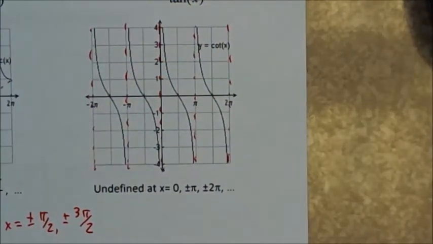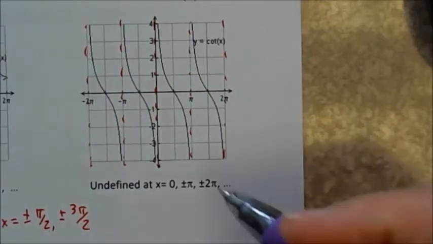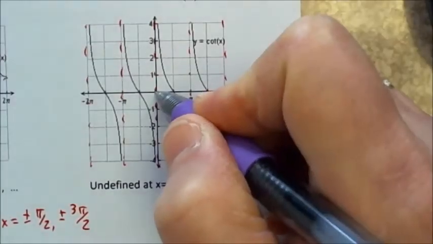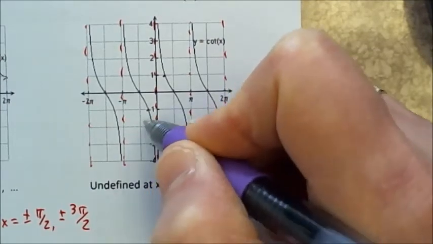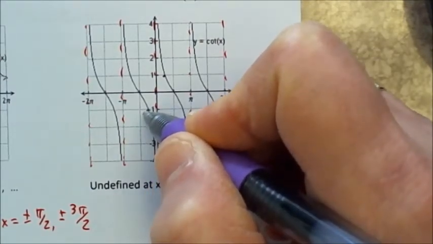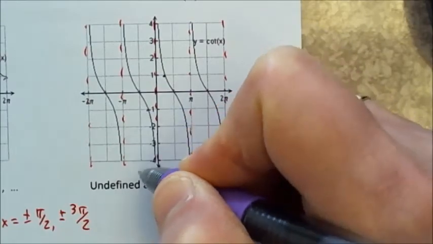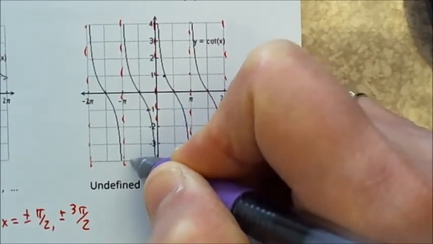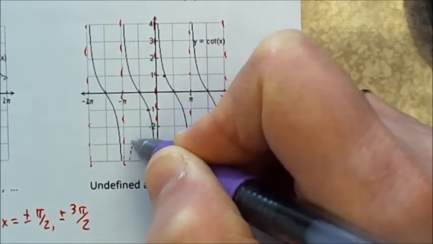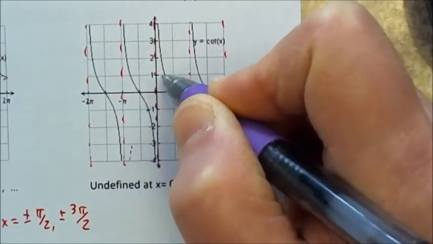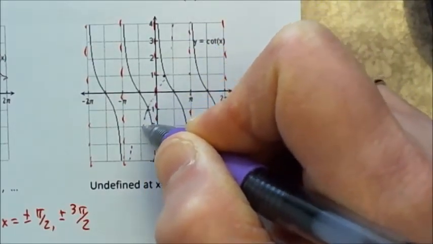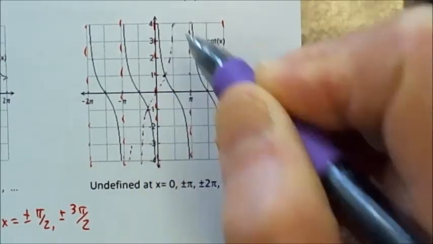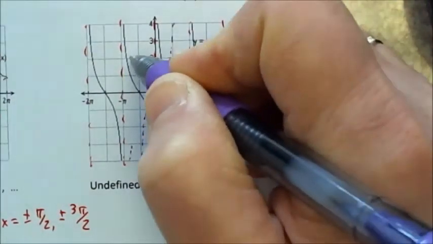And just as a reminder, what would tan x look like? Pass through the origin, so it looks something like there's 1.